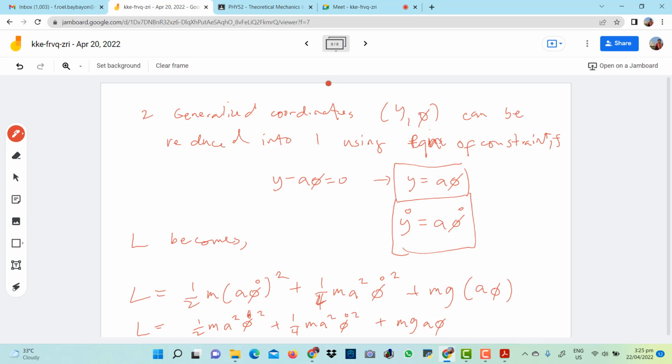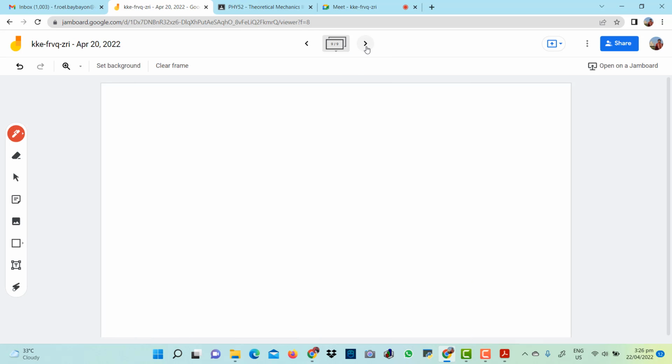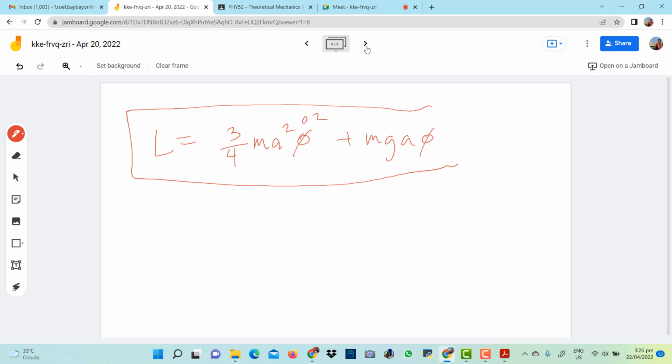Combine the two: 1/2 plus 1/4 is 2 over 4 plus 1 over 4, 3 over 4. So therefore the Lagrangian now is just a function of phi and phi dot, equal to 3 over 4 m a squared phi dot squared plus mg a phi. So this will now be your Lagrangian.